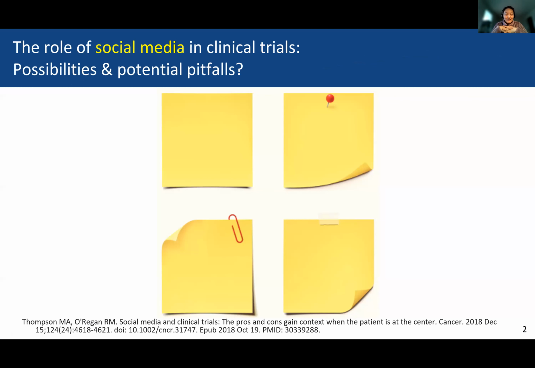So first, I'd like to let you have some thoughts or comments on the role of social media in clinical trials. Any pros and cons when you think about doing clinical trials? Anyone? Any thoughts? Or at least I can give you some hints for how social media can be involved here. So it might get involved in design, conduct, participant, dissemination.